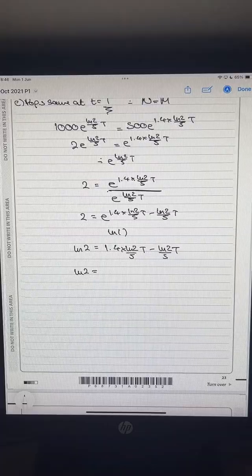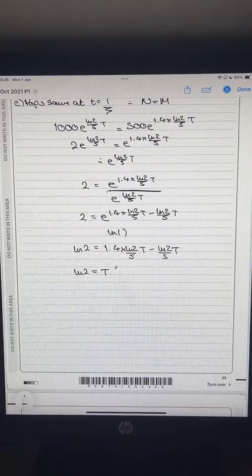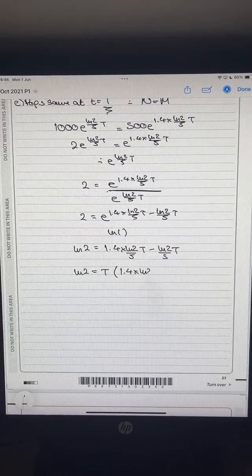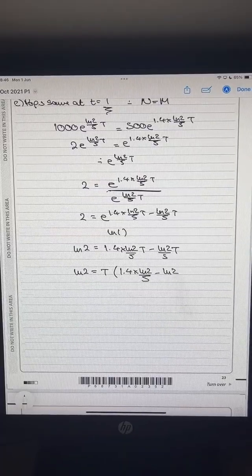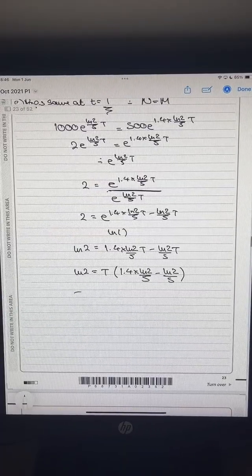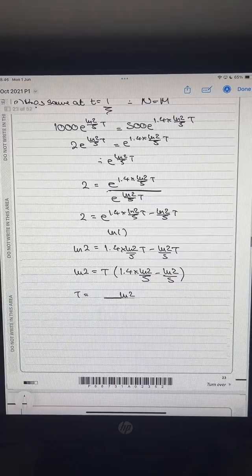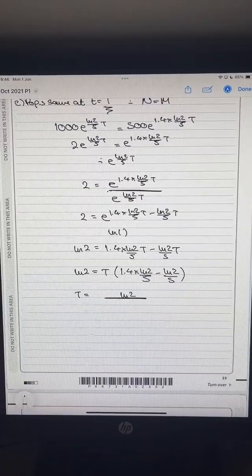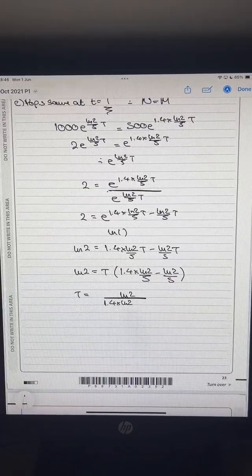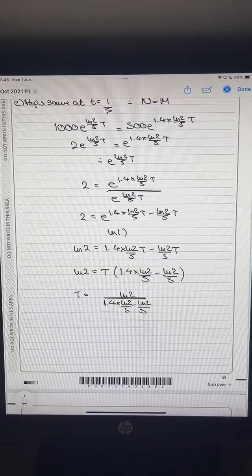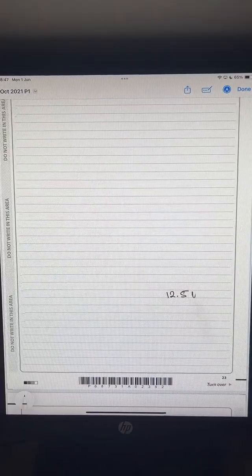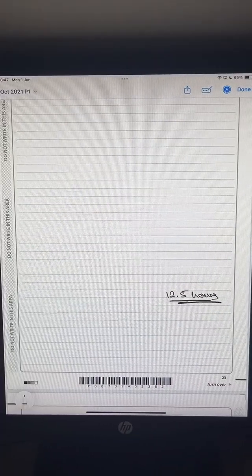My left side stays the same. Take out t. I have 1.4 times ln 2 over 5 minus ln 2 over 5 here. And then t is equal to ln 2 divided by that big thing in the brackets, 1.4 times ln 2 over 5 minus ln 2 over 5. Put that into my calculator, and I get a really nice value of 12.5 hours.